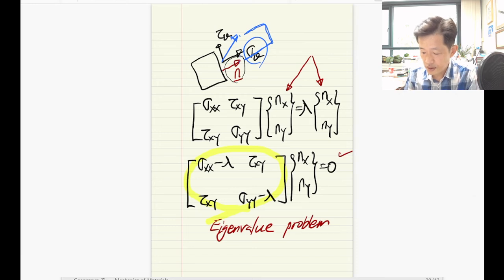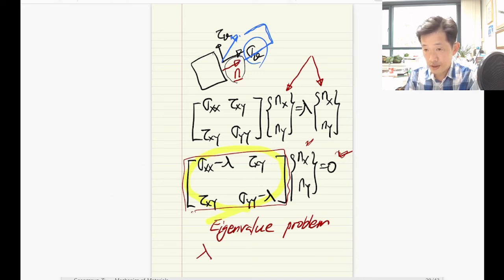The first one is if nx and ny are equal to 0, then we can satisfy this identity, but in that case it is trivial. We are talking about non-zero directions. That's why the only way to satisfy this condition is that the determinant of this matrix should be equal to 0. This is called the singularity condition. By solving this singularity condition, we can determine the lambda value.